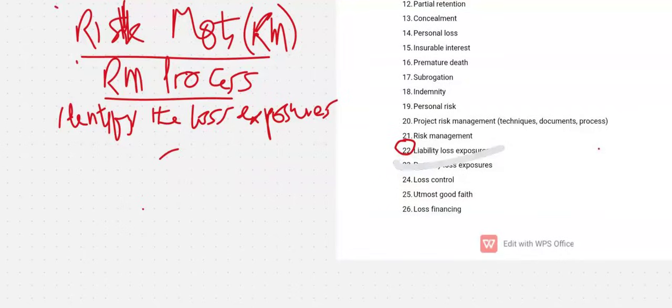Who can remind us of the acronym for the risk management process? Who can help us with the acronym?